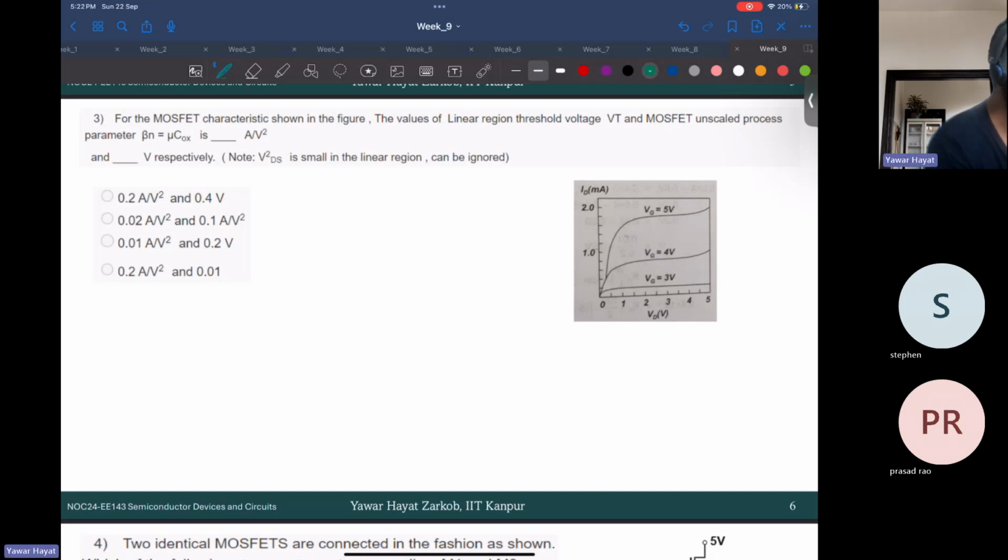The characteristic is shown in the figure, so you can refer to the figure and compute these two quantities. You need to choose the correct option among the four. I'll wait for you guys to attempt this one yourself first before showing it myself.